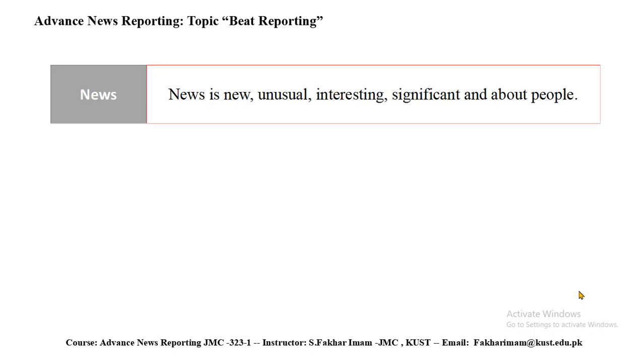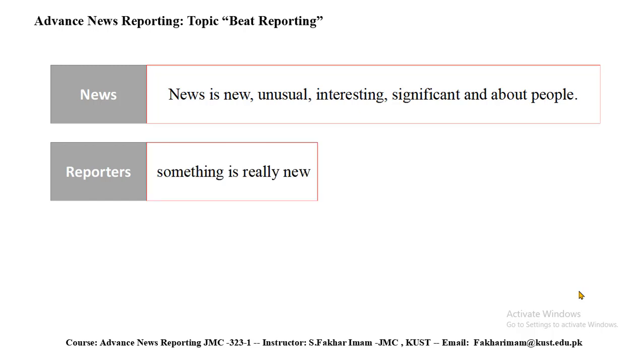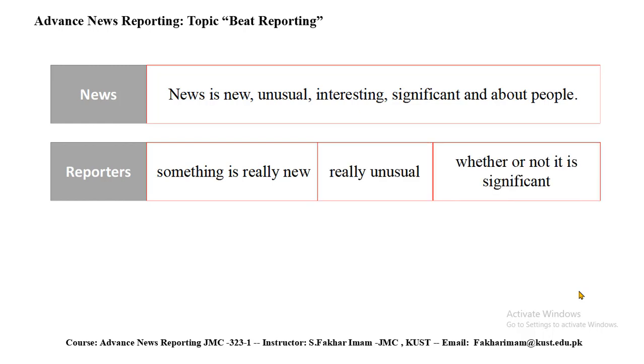Reporters can only assess what is newsworthy when they know whether something is really new, really unusual, and whether or not it is significant. He should know the news values and news elements. It is very important and very basic for a reporter.